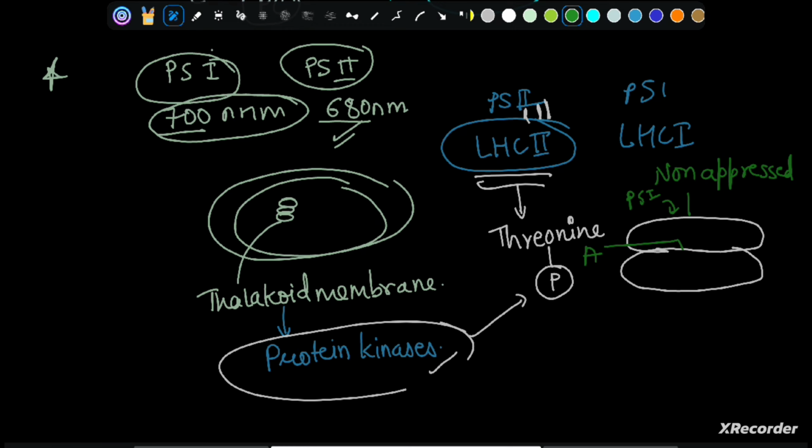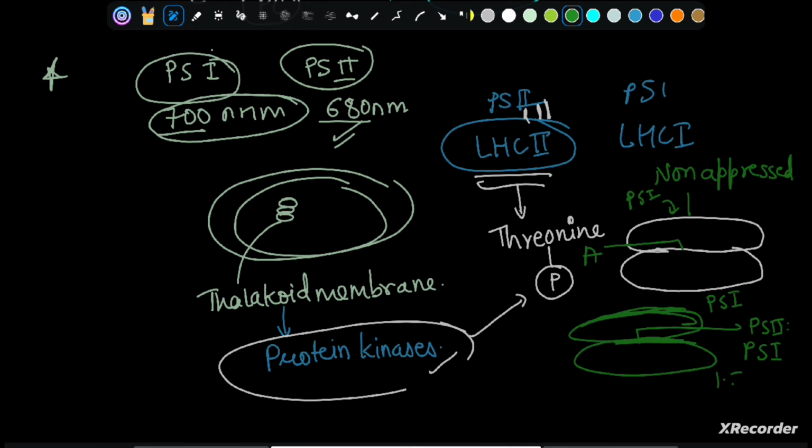In simple terms, something that is pressed is appressed. The non-appressed region is exposed to the stroma. The grana thylakoid that is exposed to the stroma is non-appressed. So non-appressed has a high amount of PS1, while in the appressed side the PS2 to PS1 ratio is approximately 1.5:1. So you can see how the distribution varies. Basically, in appressed sites more PS2 is present.